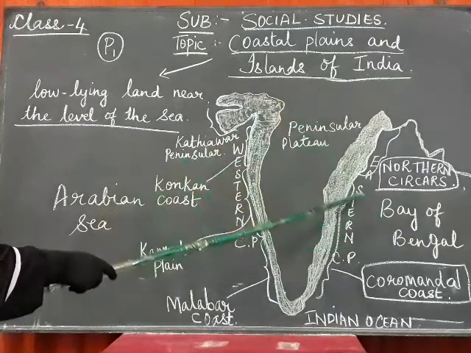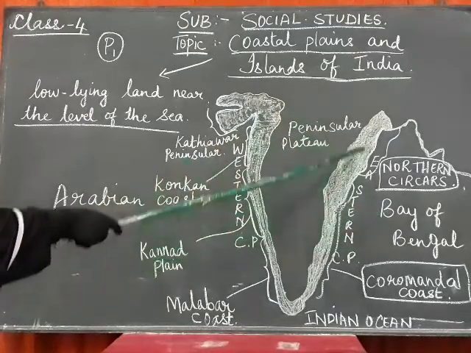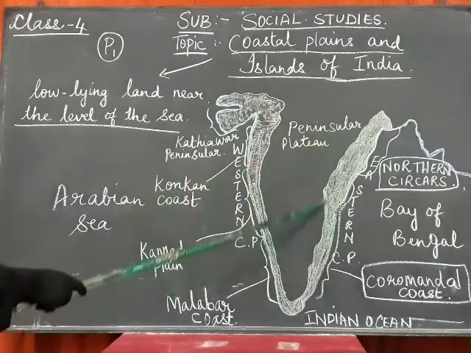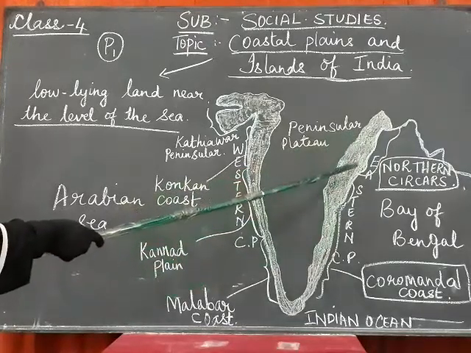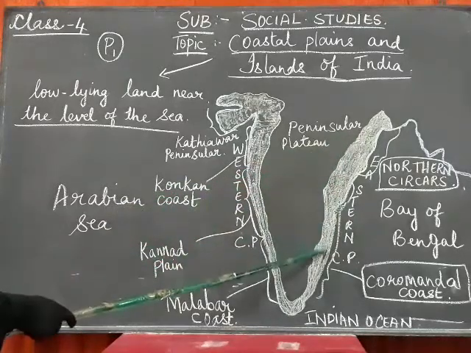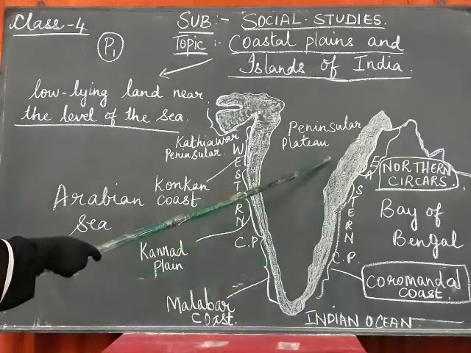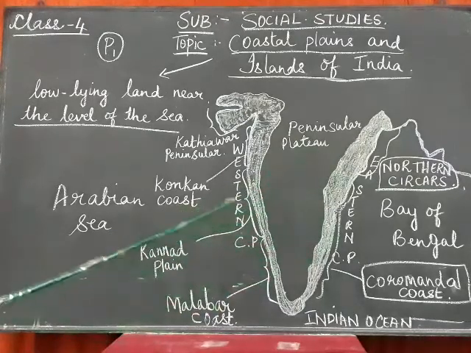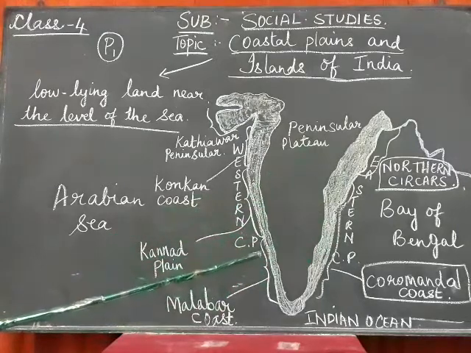When they are flowing towards the Bay of Bengal, what happens? All this area receives a lot of water. Irrigation means the water which the crops receive. So this is very fertile land because of the water received from all the rivers. So crops can be grown very well.